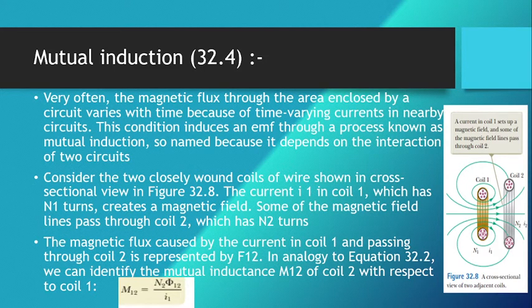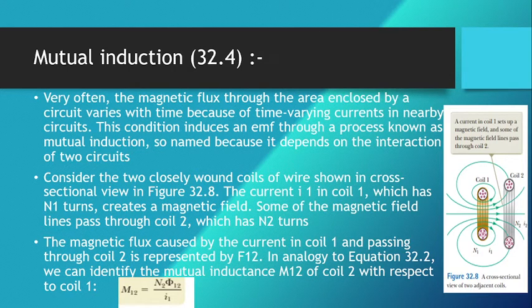So we can say that the magnetic flux is directly proportional to the current that runs inside the primary coil. So the rate of change of the magnetic flux is directly proportional to the rate of change of the primary current. And as we know that the induced EMF is directly proportional to the rate of change of the magnetic flux, it's also directly proportional to the rate of change of the primary current.